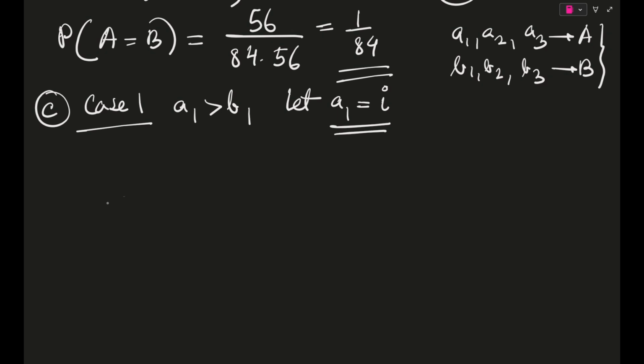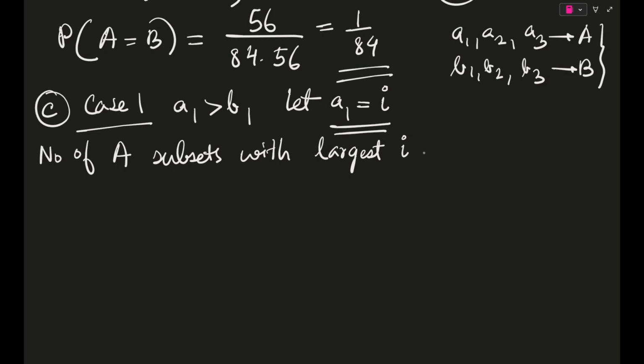So basically, if A1 say is equal to I, the number of A subsets with largest I, what can that be? It will be nothing but I minus 1 C2. Now listen carefully why.